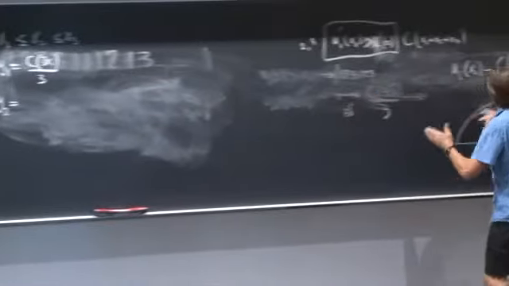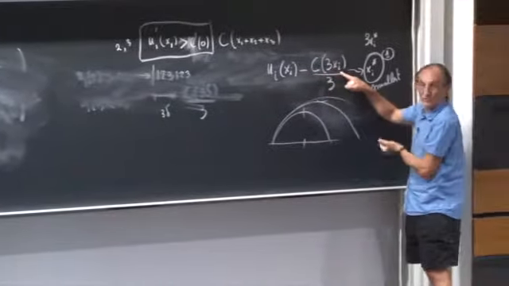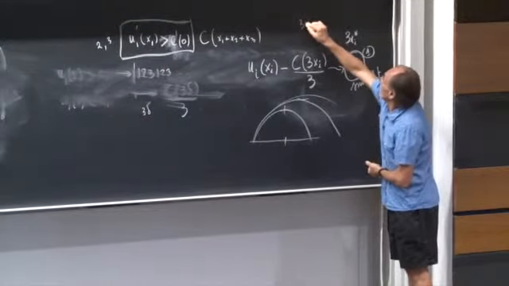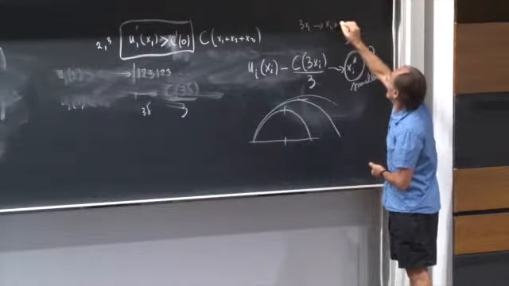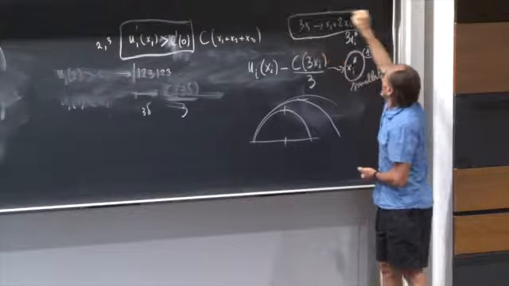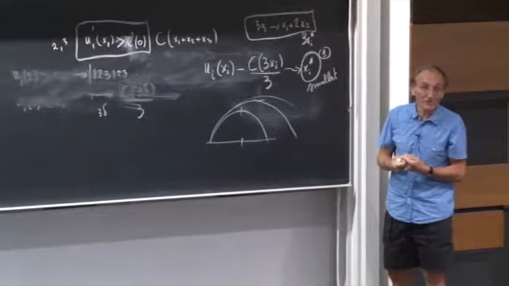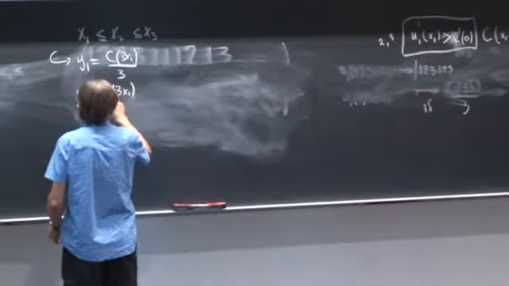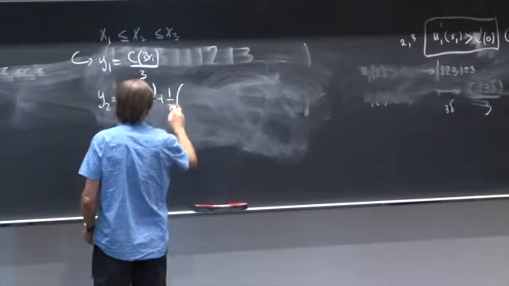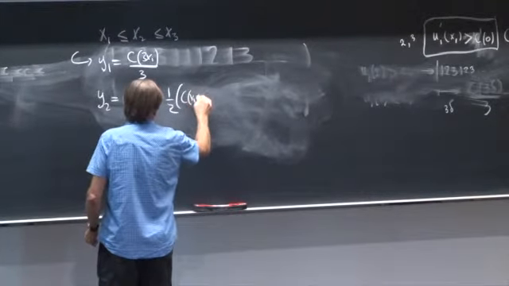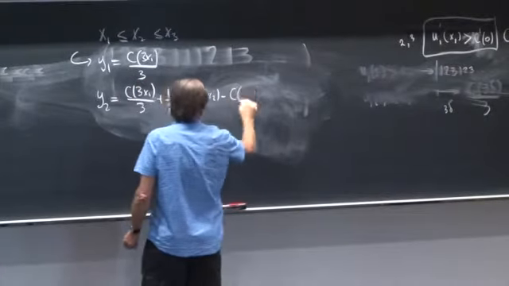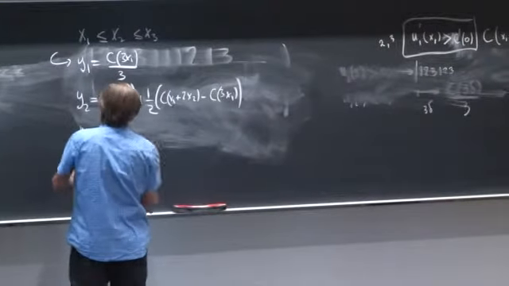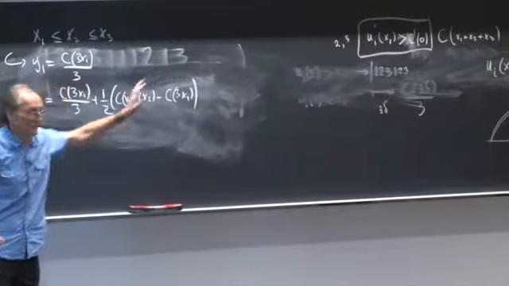He already paid the same share of the cost up to 3x1, and then for the cost between 3x1 and x1 plus 2 times x2, he's paying half of this incremental cost. So C of 3x1 over 3 plus 1/2 of C of x1 plus 2x2 minus C of 3x1. And then y3 is the rest: he pays that plus the last incremental cost.